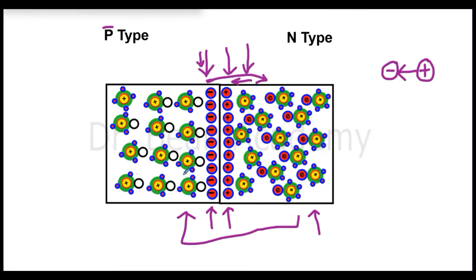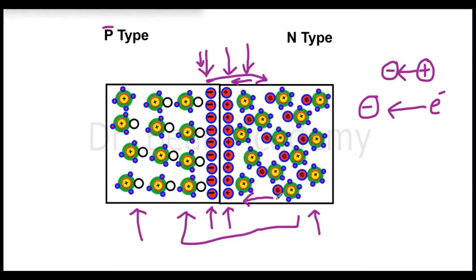And the same is the case for the holes to be filled by these electrons, because electrons cannot now cross this barrier which has been set up between positive and negative. If negative charges have been set up, an electron cannot cross this barrier because this whole path has been blocked by negative charges.